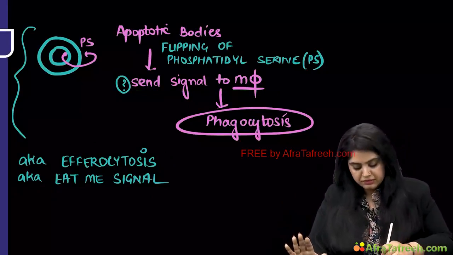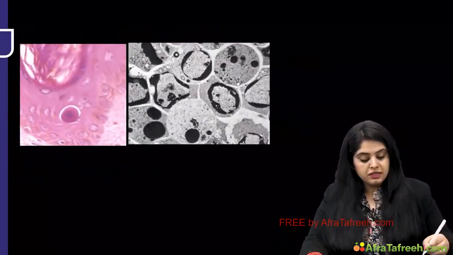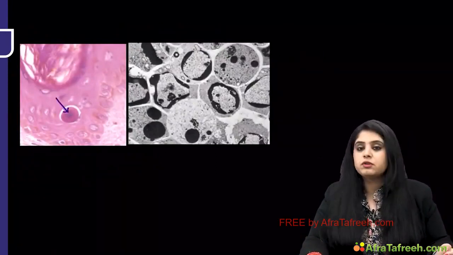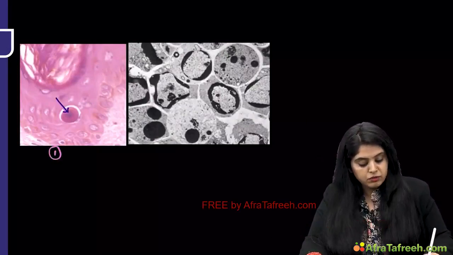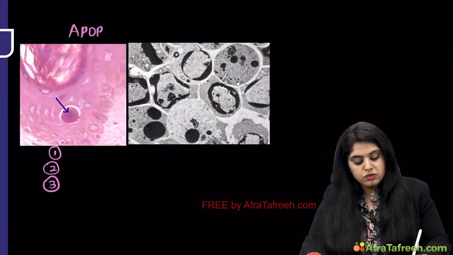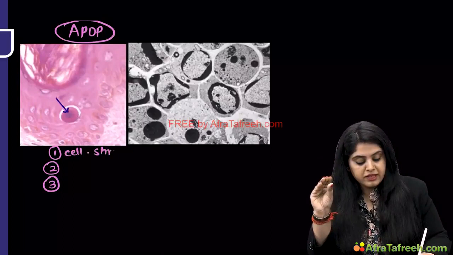If someone now asks you what you are going to see under the microscope and what the markers are, please note, look at the nucleus of an apoptotic body. This is apoptosis. So there are 3 parts that you have to know. Very, very important. When they ask you what is the microscopic feature of apoptosis, the cell is going to become shorter. There is going to be cell shrinkage.